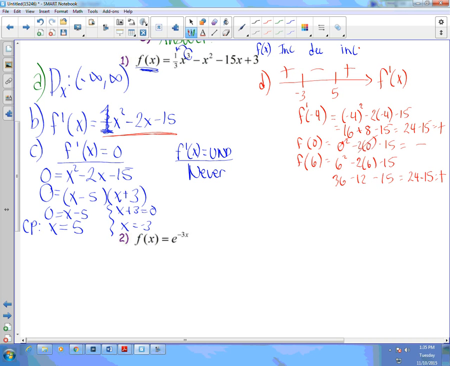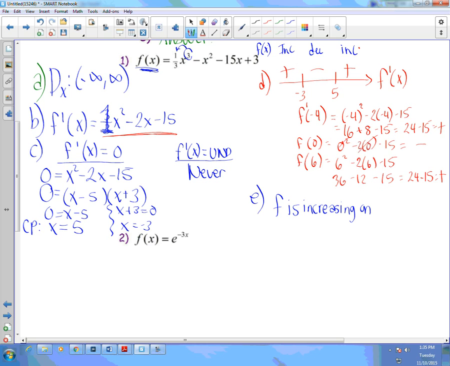And then part E is just an answer. Now we're going to take that information and write our answer. So the questions are, what intervals are we increasing or decreasing, and justify. Okay, so f, the original function f, is increasing on this section.